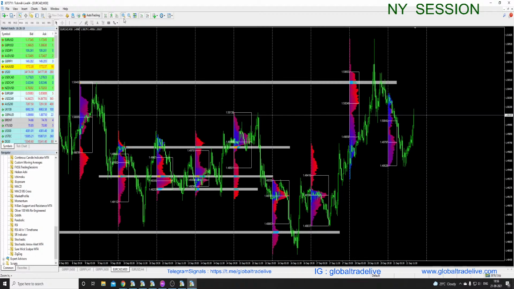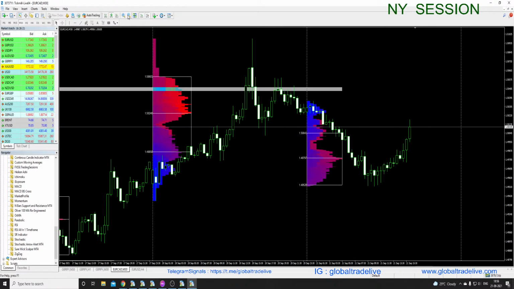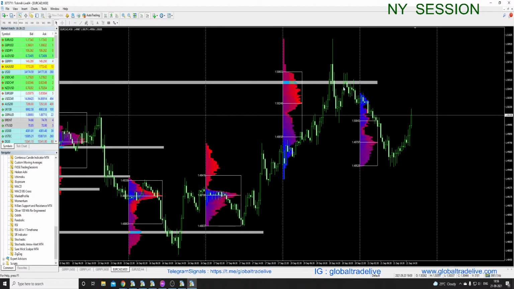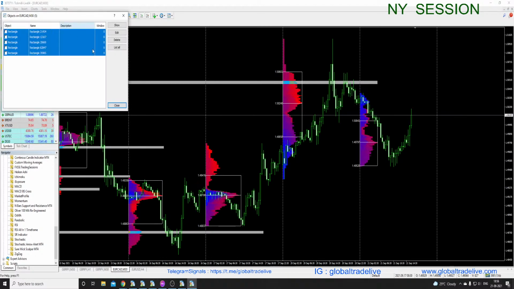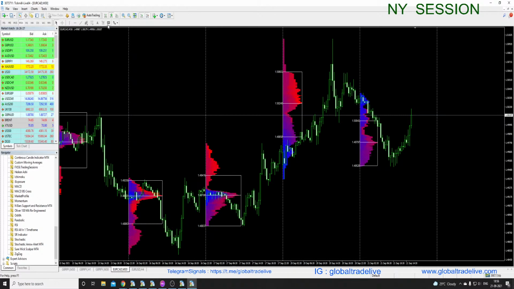So this is EuroCAD, and let's just remove all the objects from the graph first. Okay, so this area is really important, because yesterday most of the time market spent on this area only.